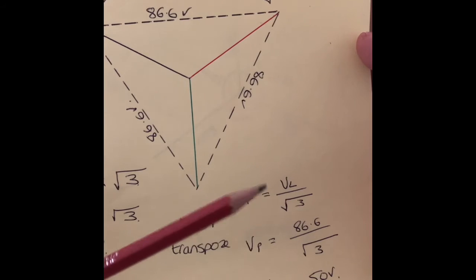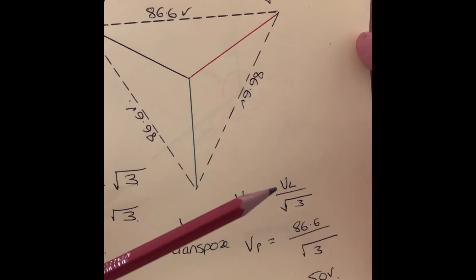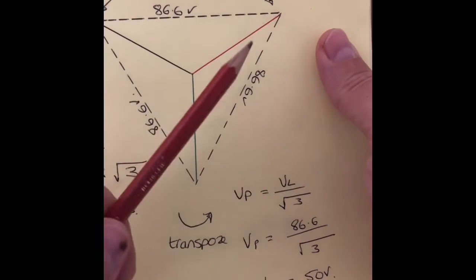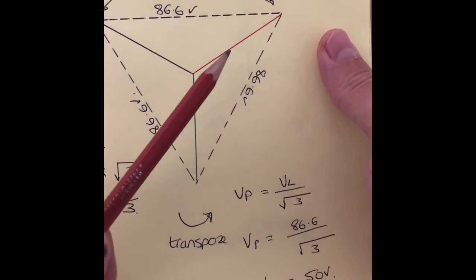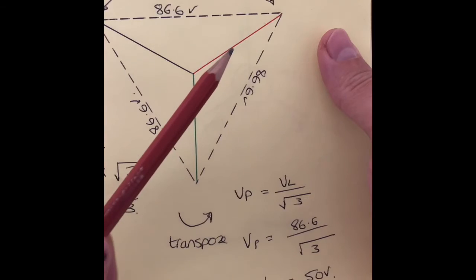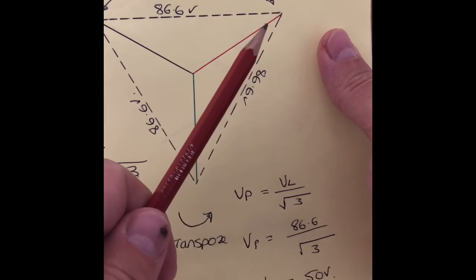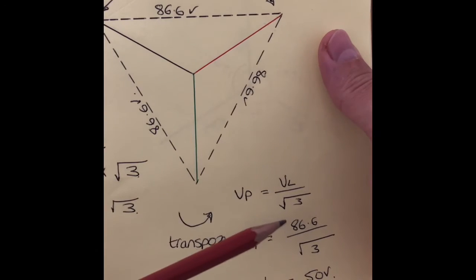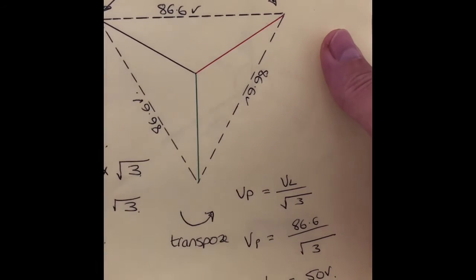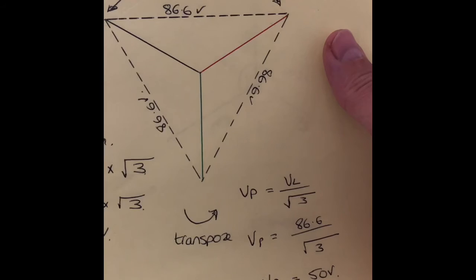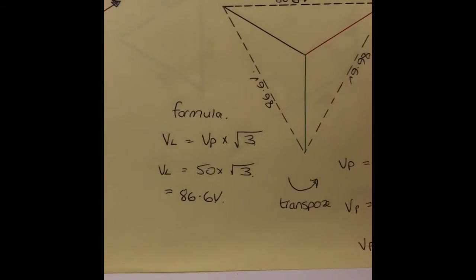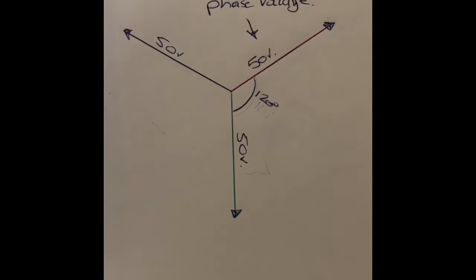The transposition of this formula is simply to divide VL by the square root of 3. So the voltage in phase we're looking for, again looking for this voltage. We have been given the voltage in the line, which is between the 2 points. So we take our 86.6 divided by the square root of 3, and we're given 49.96, I think it is. So I hope that makes a little bit more sense at the moment.